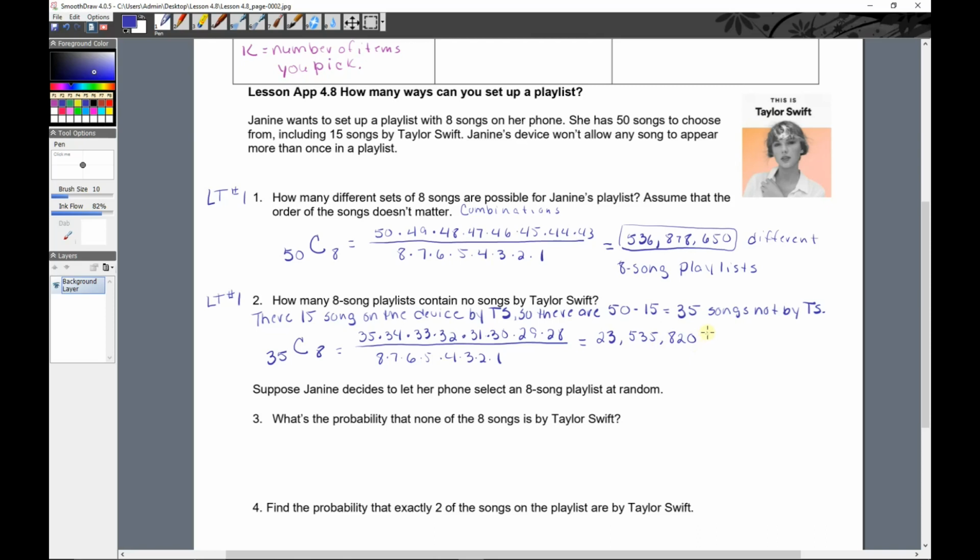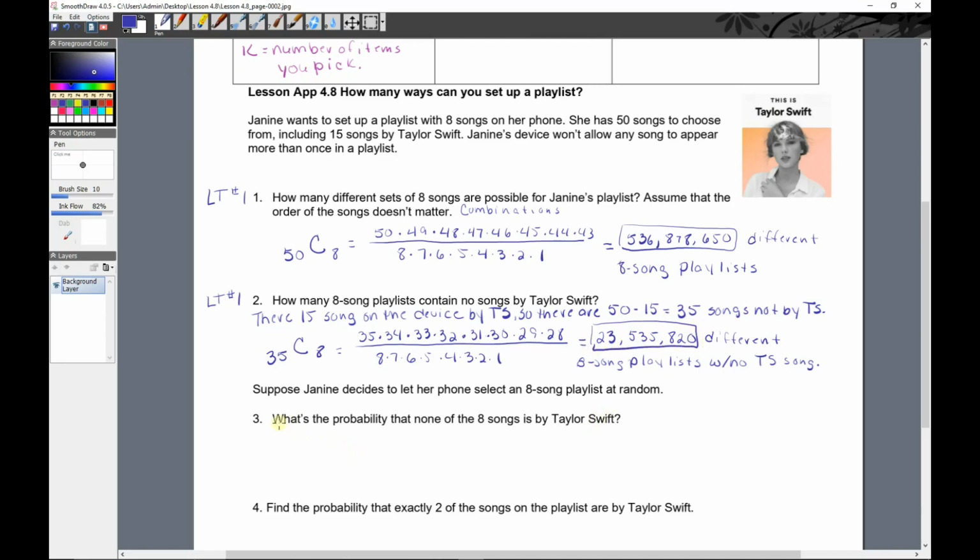And this will be different 8-song playlists with no Taylor Swift song. Okay, so that was no harder than the first one.